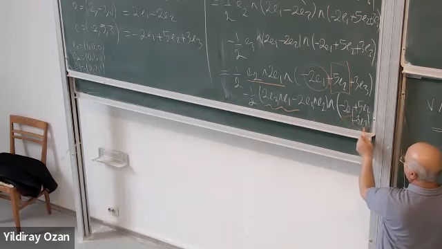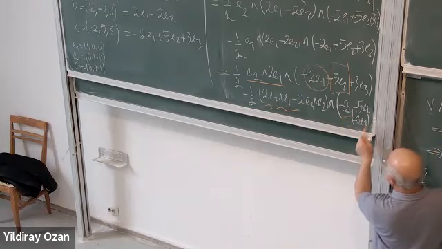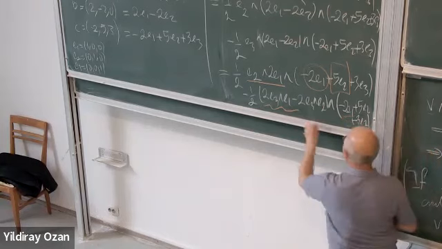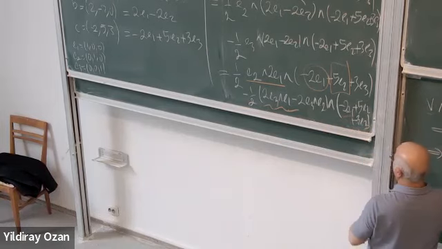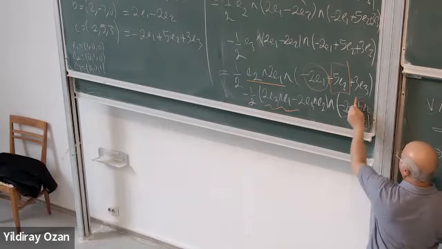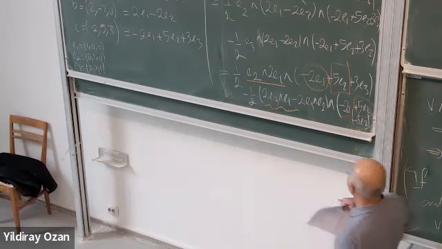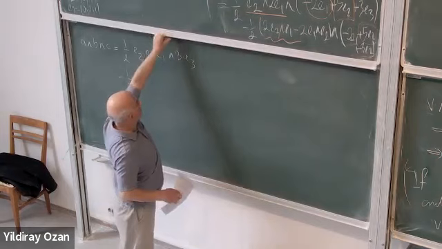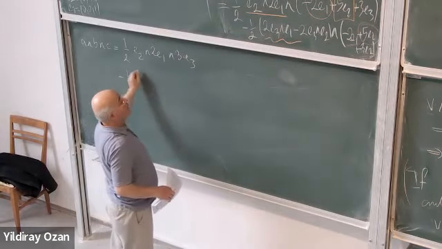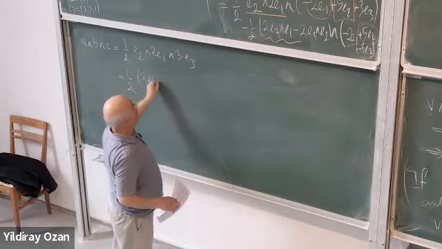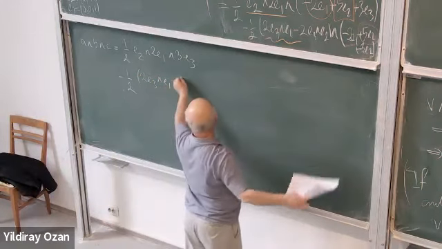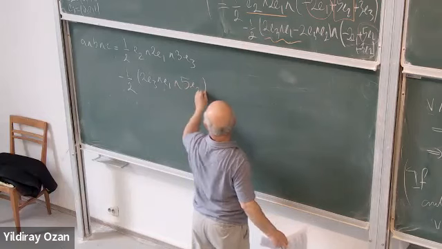If I take wedge product with this one, this is E3, again it will give me 0. So this won't give me anything. The only non-zero term will come from this one. So we have minus 1/2 times, minus 1/2 times, 2 E3 wedge E1 wedge 5 E2.